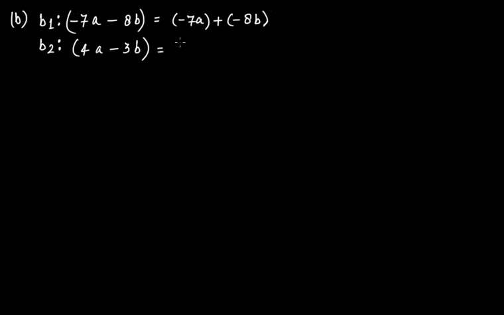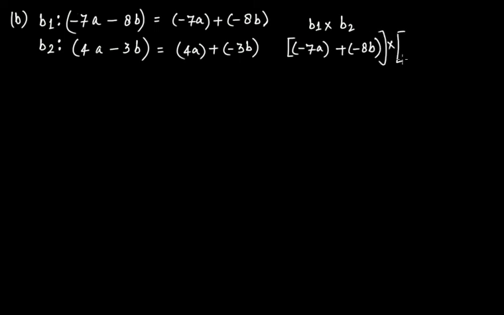And this one as 4a plus minus 3b. Now you have to find b1 multiplied by b2, which means you have to multiply minus 7a plus minus 8b by 4a plus minus 3b.